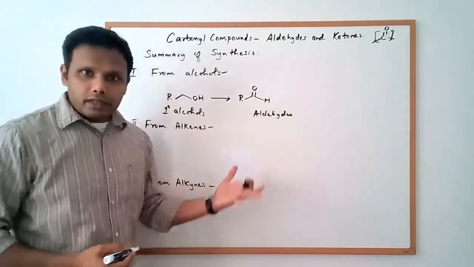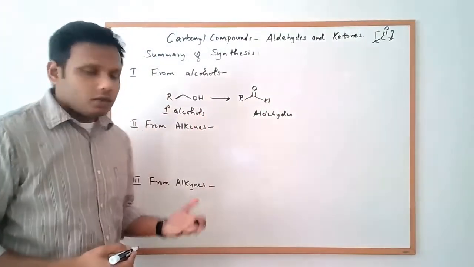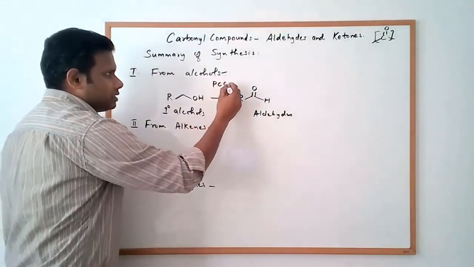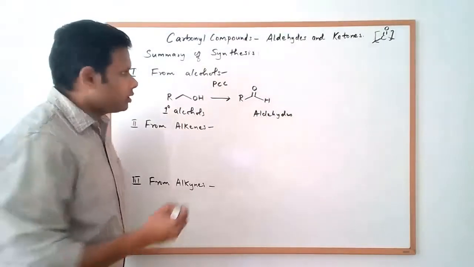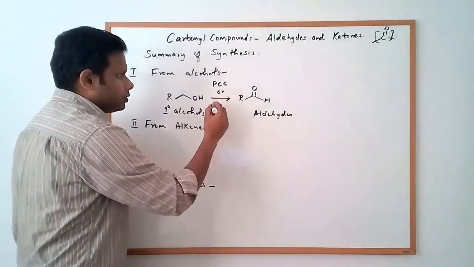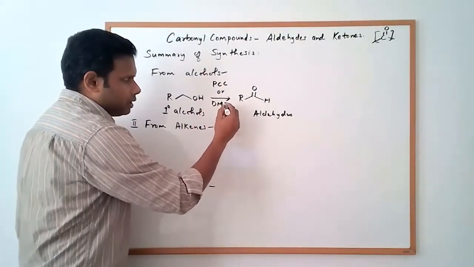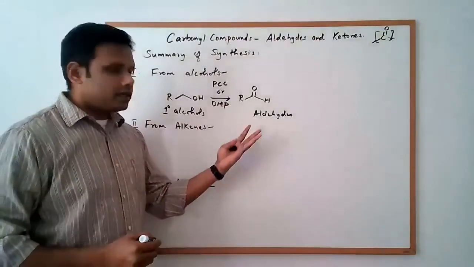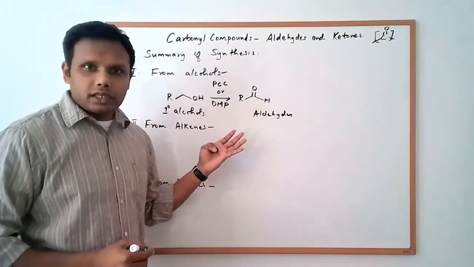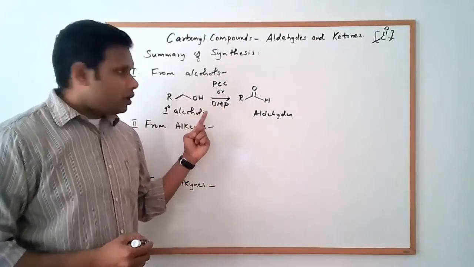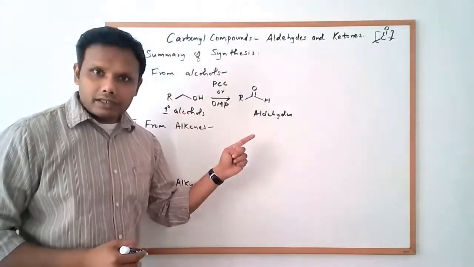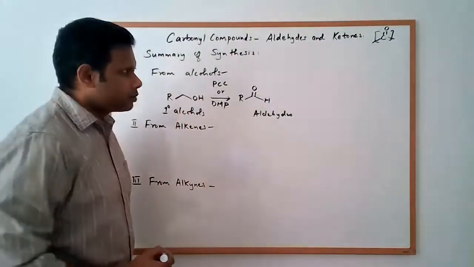Now, there are various oxidants that can be used for achieving this reaction. So we could use PCC, pyridinium chlorochromate, or we could use DMP, or even a Swern oxidation. These are oxidizing agents that facilitate the oxidation of primary alcohols selectively to an aldehyde product.